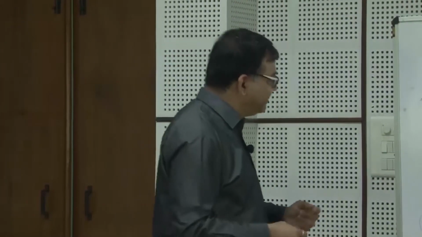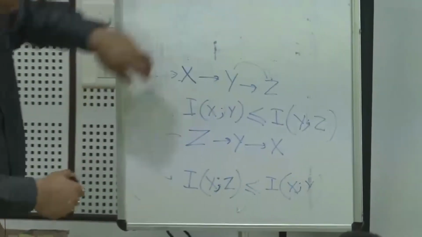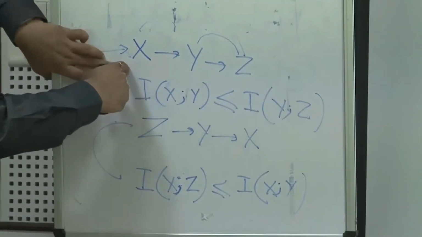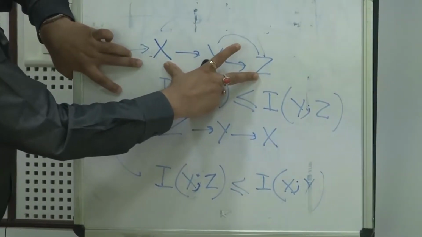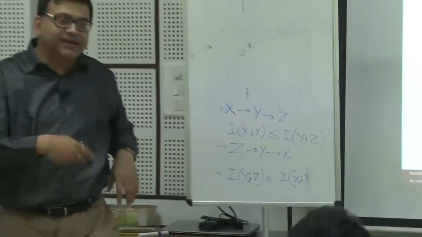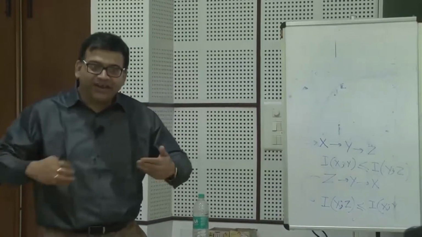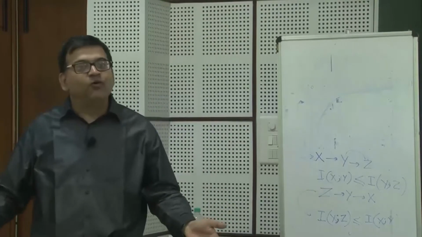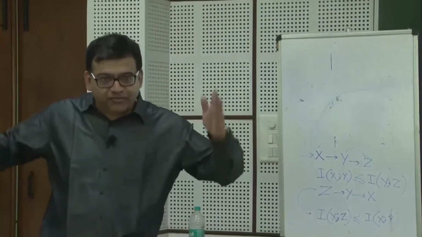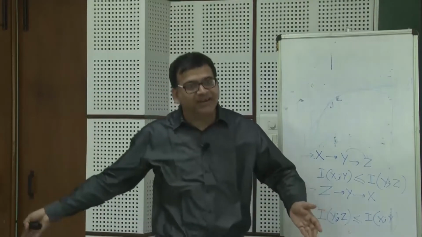So, what it is saying is, if you do further processing of the data, because X is like the initial and Z is the final output, the information content is getting lost in some sense. Information theoretically, with further processing of data you are losing information. Whatever information Y is giving about X, Z is giving less information.